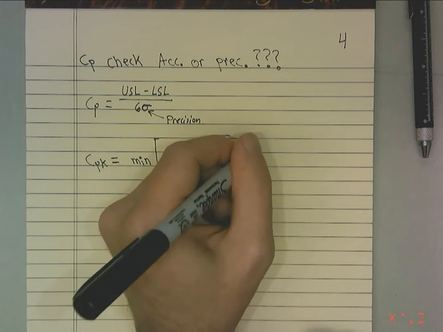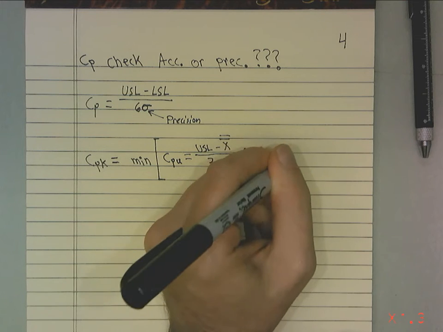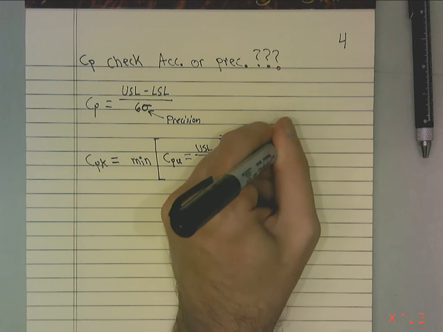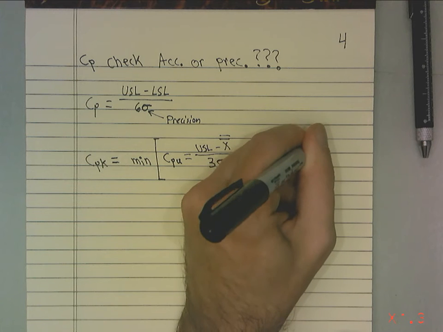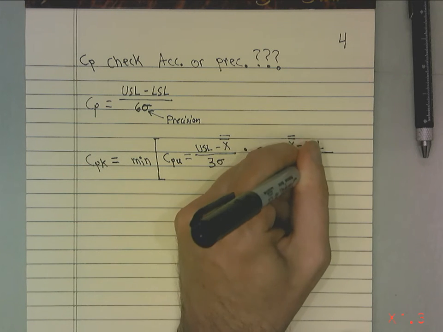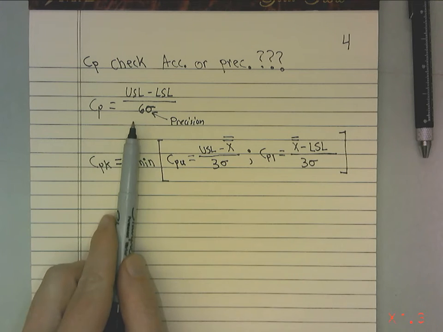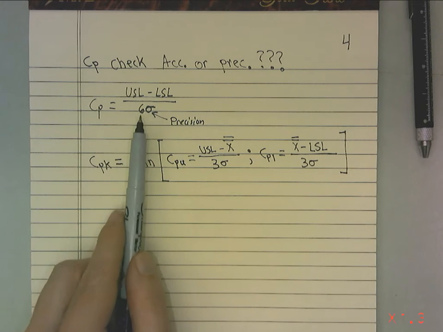And we're going to include in our minimum function a CPL for lower, which is going to be our process average minus our lower specification limit over 3 sigma. So what I've done is I've taken our CP and split it in half down the middle.